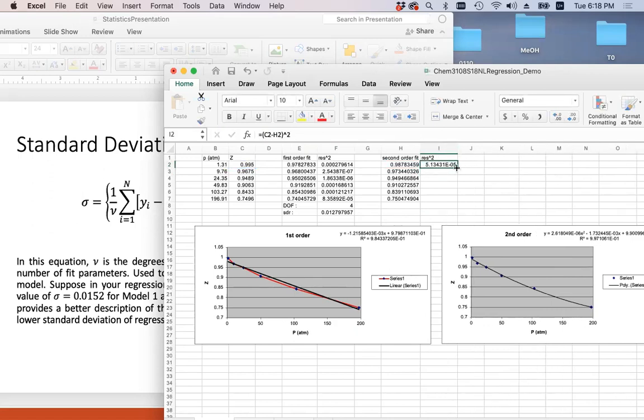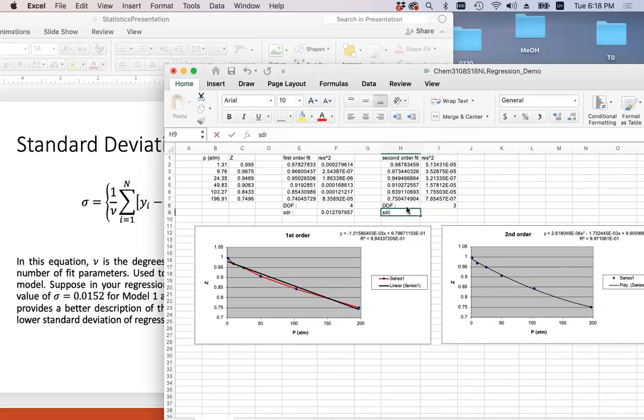Then I'll take this formula and drag it down. The degrees of freedom for the quadratic fit is going to be 6 measurements minus 3 fit parameters. So now the number of degrees of freedom is only 3.